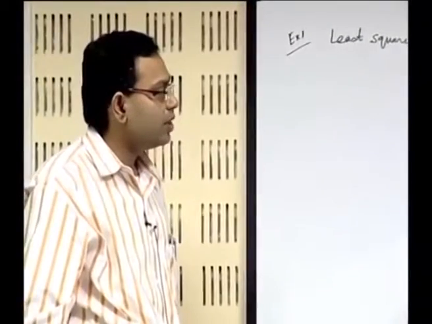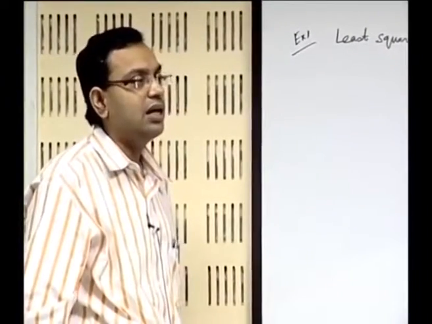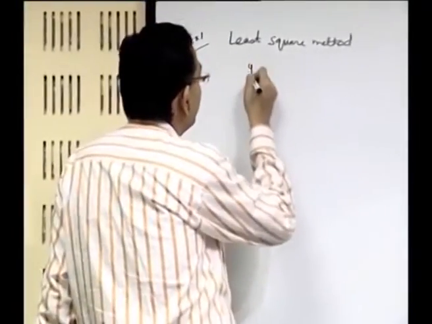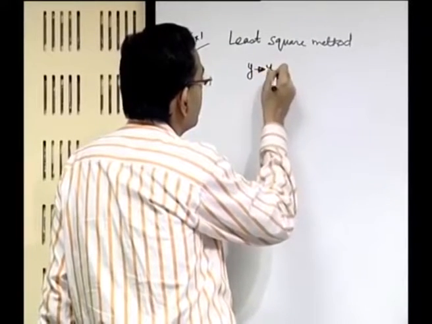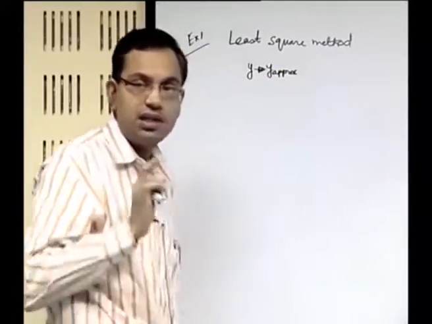So, in the least square method what we will do? We will try to minimize the error in a least square sense. So, what we will be doing? First of all, in place of y we have some y approximate, that is there in all methods. So, there is a trial function.